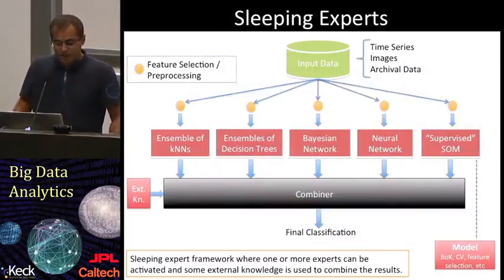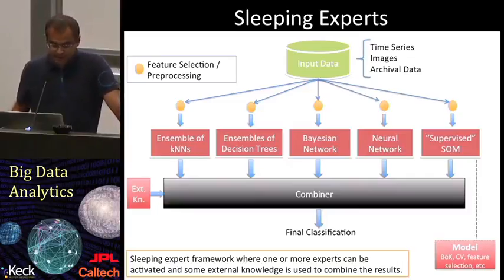Now, another way to combine different classifiers is using a sleeping experts framework. Sleeping experts can be seen as a generalization of the if-then rule. If the condition is satisfied, then activate the expert. So each classifier basically makes a prediction only when the instance to be classified falls within its area of expertise.